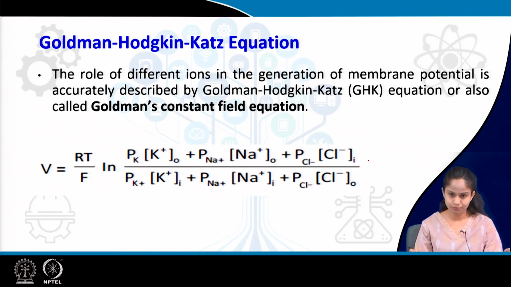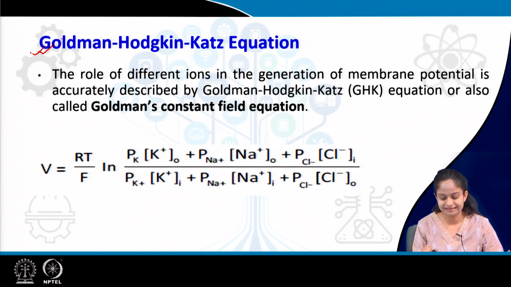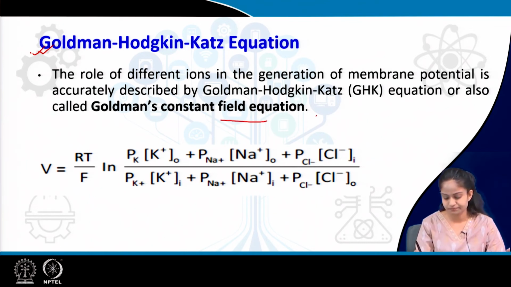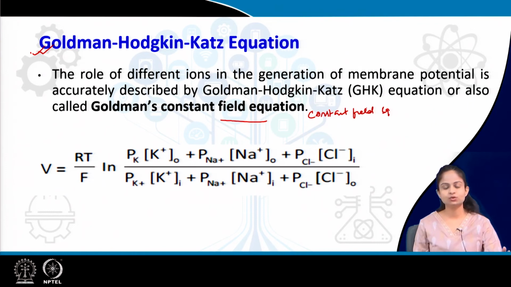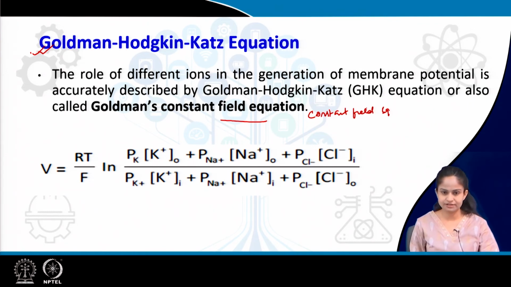So, at that point we use the Goldman-Hodgkin-Katz equation or constant field equation, where we take into consideration not only one ion, but other ions also, mainly sodium, potassium, chloride.